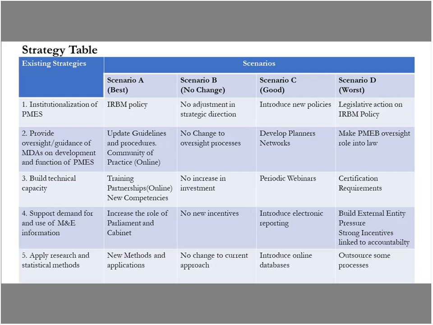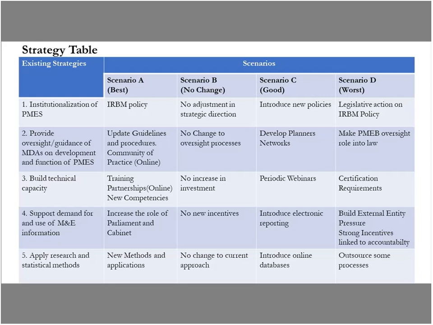Support the demand and use of M&E information: in the worst case scenario, we think we would have to engage external entities, maybe IDBs, the World Bank, the Caribbean Development Bank, to put pressure on governments to report on performance and M&E information.